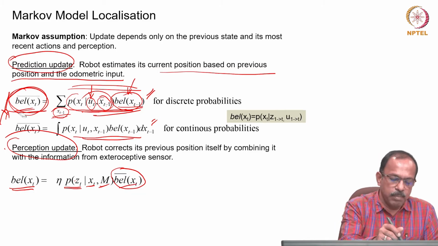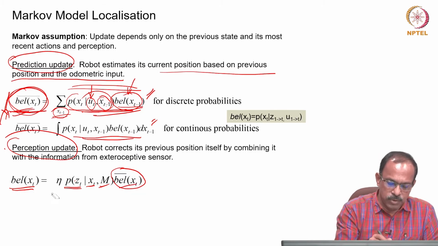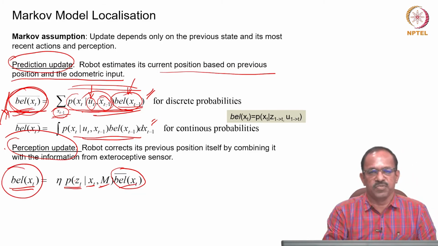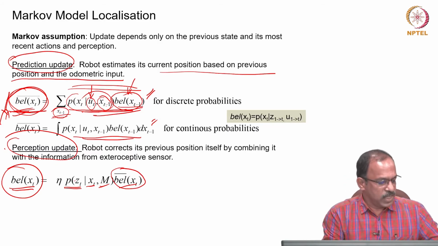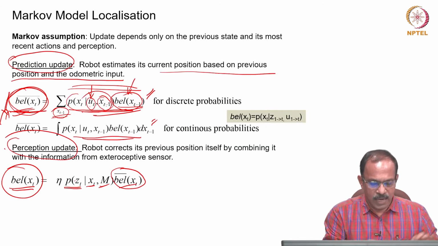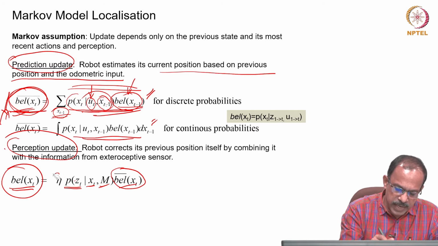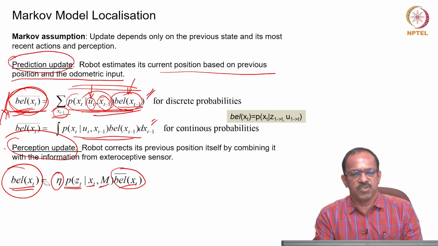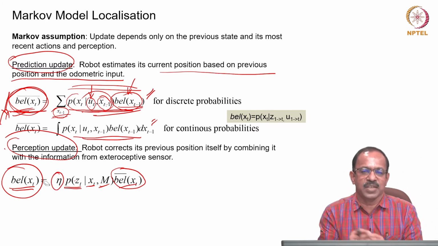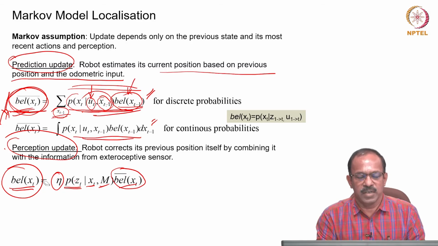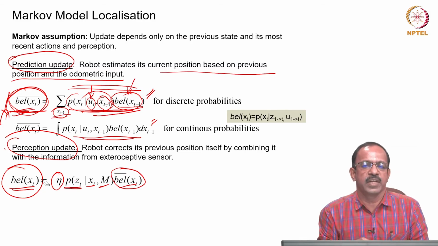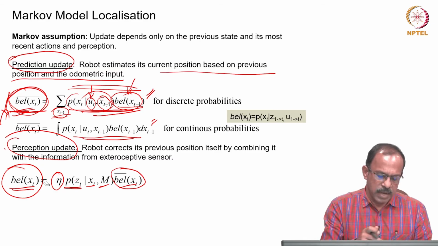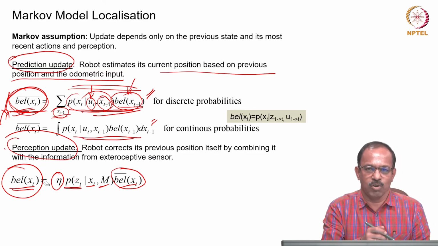That gives you the new belief state. And then there will be an eta. This eta is basically a normalization factor to ensure that the total probability is 1.